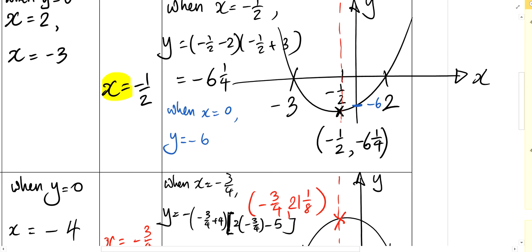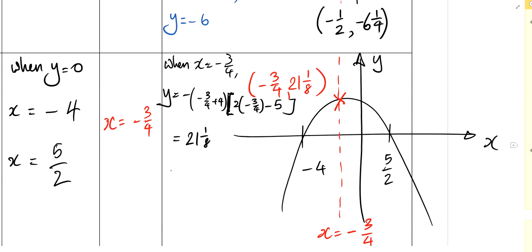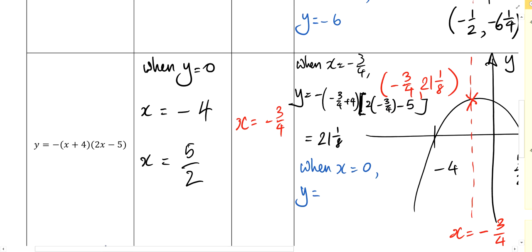Okay, that's the y-intercept. Next, when x equals 0, y equals, okay, mental sums quickly. How much is it? 20 or negative 20? 20.